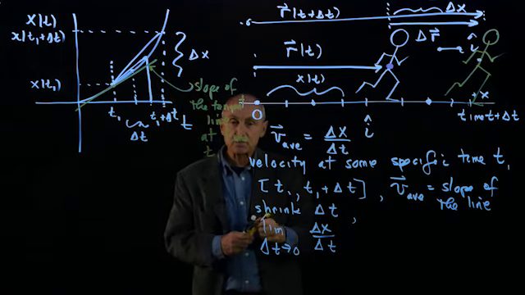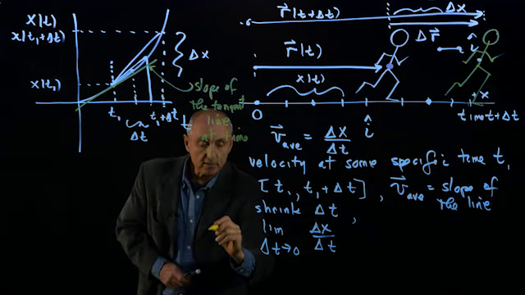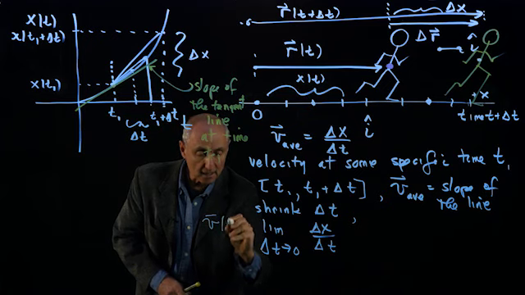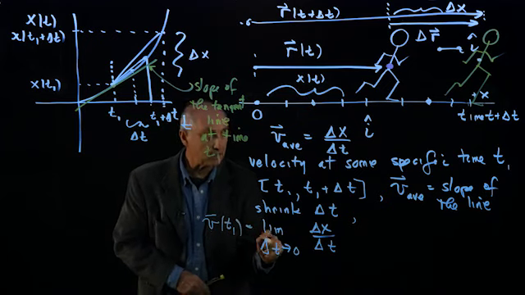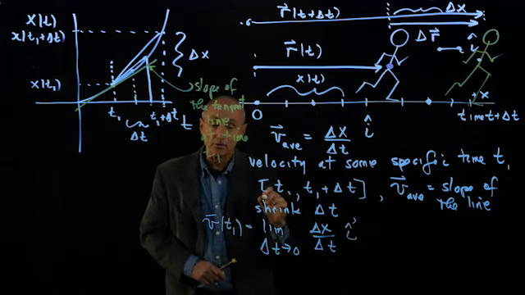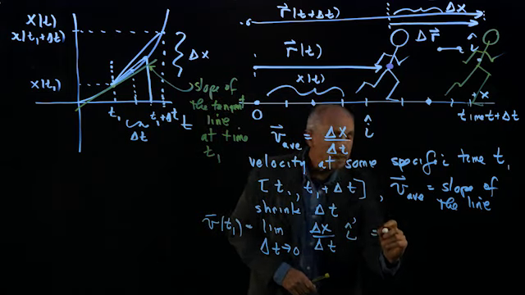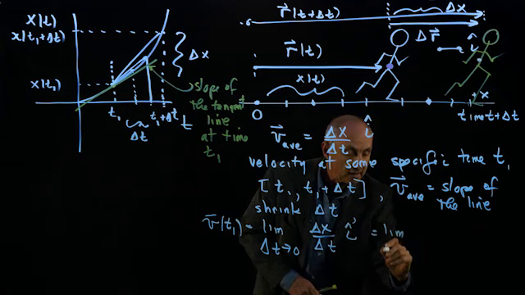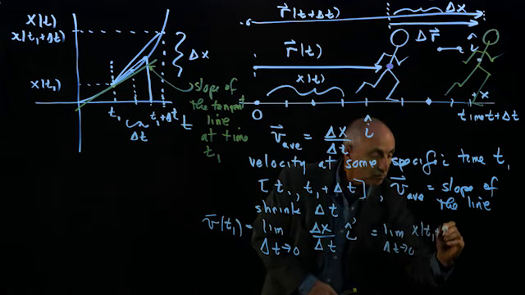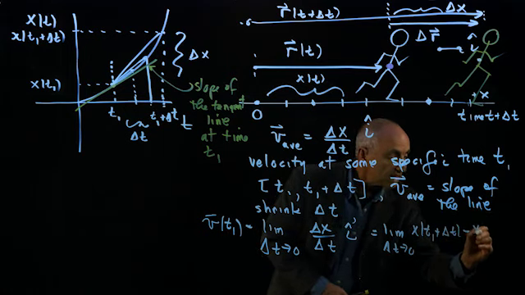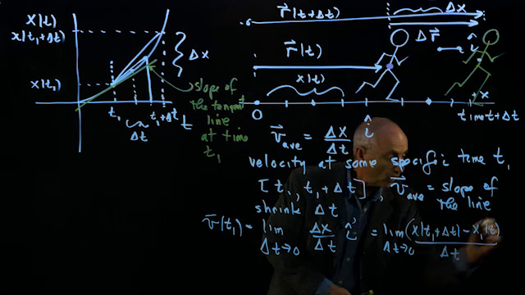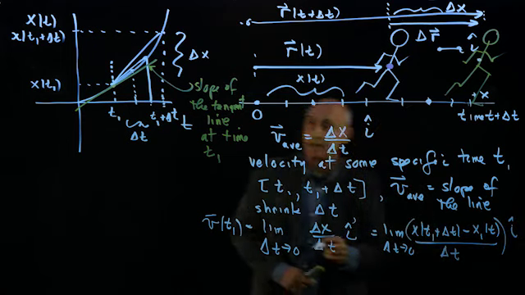And so in this particular case, what we mean by the instantaneous velocity, v at time t1, is the limit as delta t goes to 0 of x at t1 plus delta t minus x of t1, divided by delta t, and the whole thing is in the direction i hat.